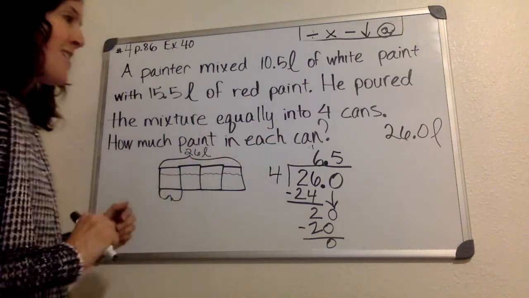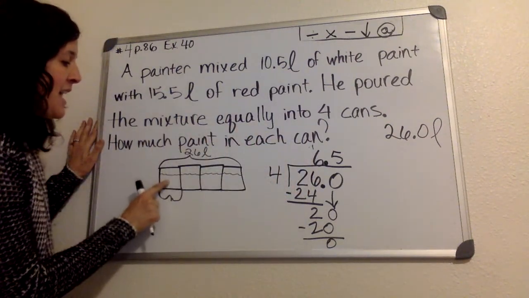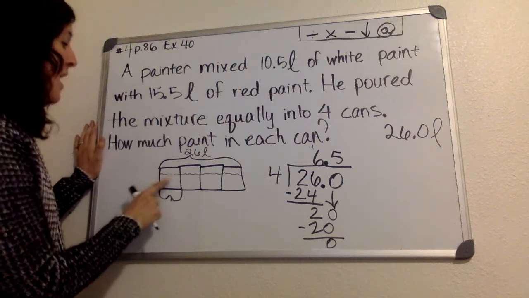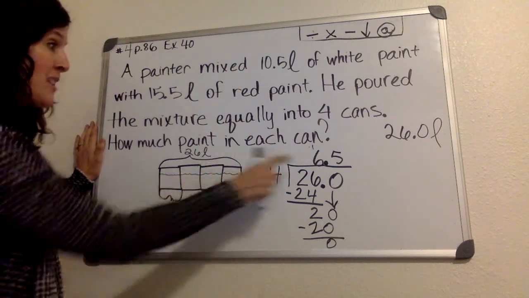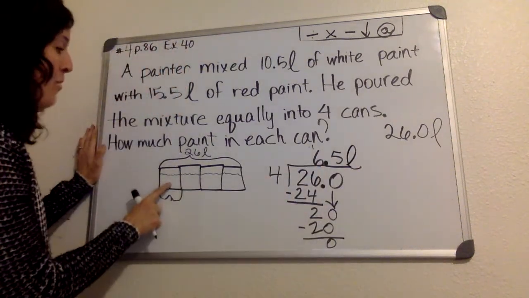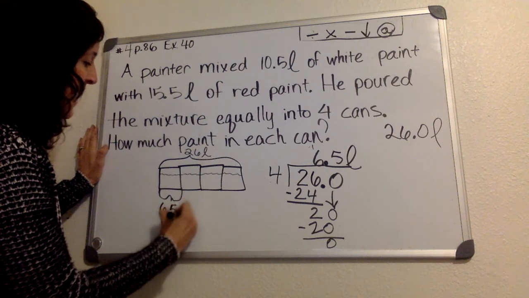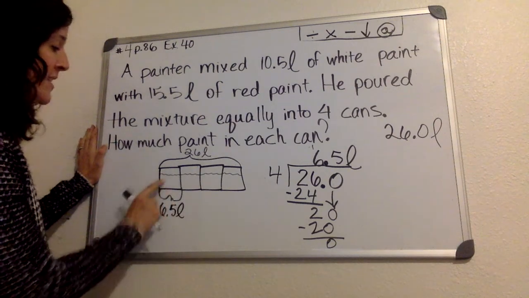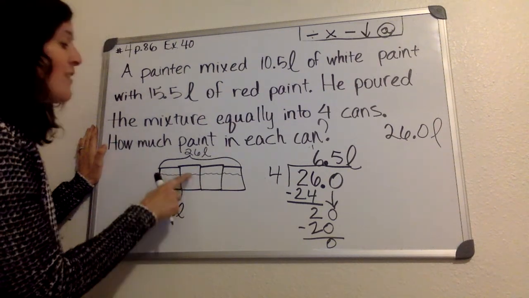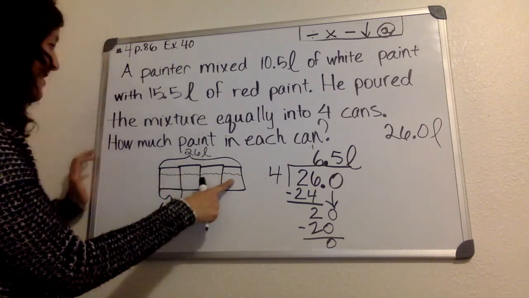Okay, I'm done. My 6.5, which is 6.5 liters, is how much I have in this can here. And because I have equal units, this is 6.5, this is 6.5, so is this and this.